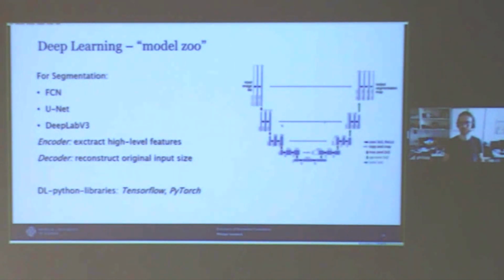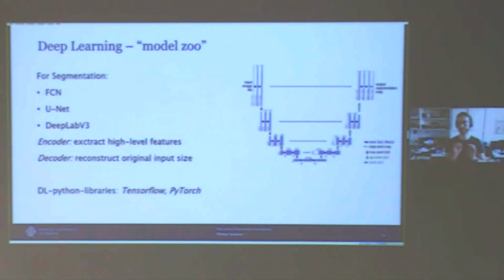I'm not sure if you can see my mouse, but you have the encoder here. You learn features with convolutional layers, indicated with the blue arrows. Then you reduce the spatial size with max pooling layers, which are denoted with red arrows, and so on. You do this one after another until you reach the bottleneck layer.